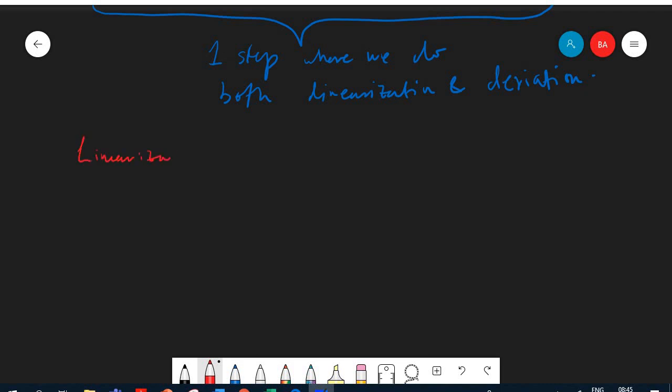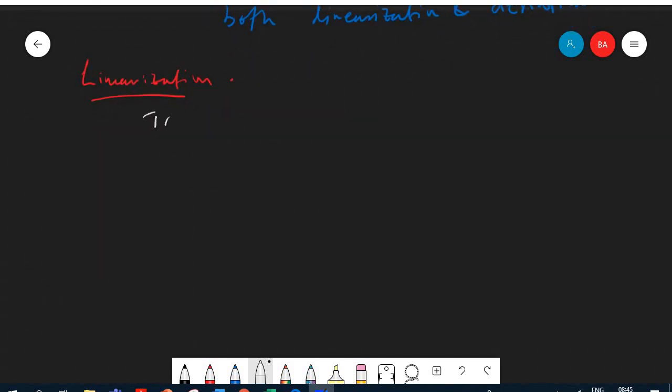So we will learn now how to do linearization, and then we are going to take an application on the height of the tank. Linearization starts from the idea of having a nonlinear system and putting it into a linear system. We have a Taylor series for a function.